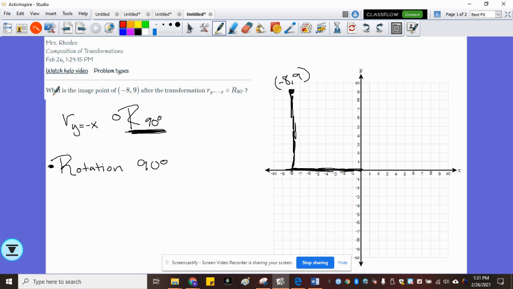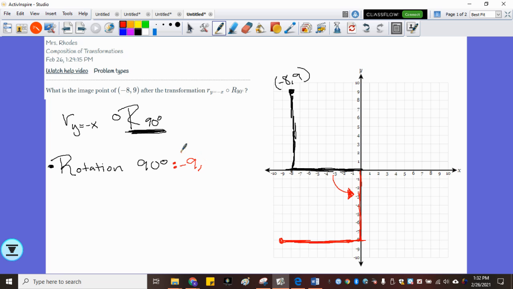All right, assume counterclockwise if nothing else is said. So assume the way we taught. So counterclockwise, 90 degrees. Now I'm going to take this negative 8. Now it's going to come down here, negative 8. And this had the length of 9, so then it's going to have the length of 9 over here. So that is a 90-degree rotation. And that's my new point.